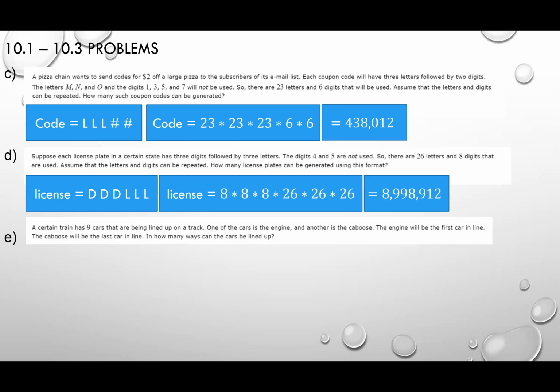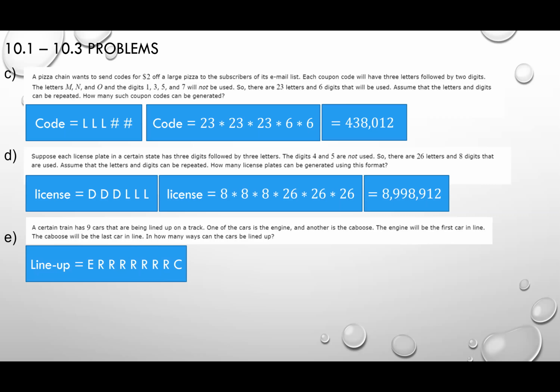But then on top of that, they want it to be specific. If you have to line this thing up, do you agree that they ask us that we need to put the engine first? And again, I put the cars as random items, right? Random car, random car, random car, random car, random car, random car. And the last position, they want the caboose, right? So as you can see, this is the lineup that they want.